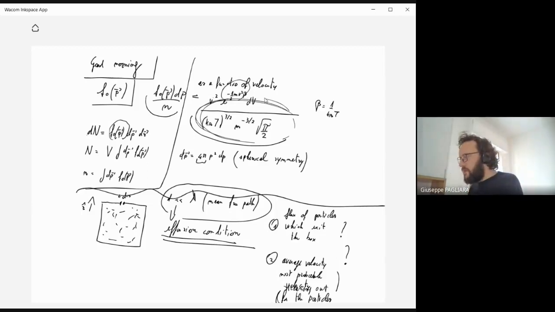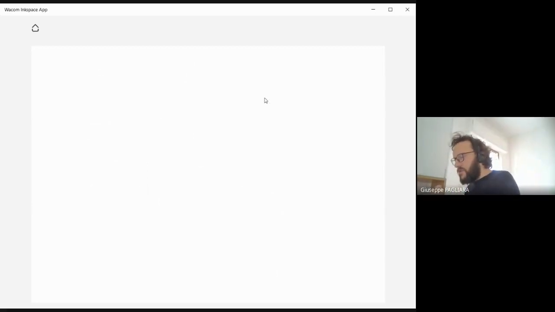Let me change page. First of all, let me write the following quantity. For the distribution function that we just described, we have integrated over the solid angle. But now we cannot integrate anymore over the solid angle, because we have to select the particles that exit through this hole, along this zeta versor.